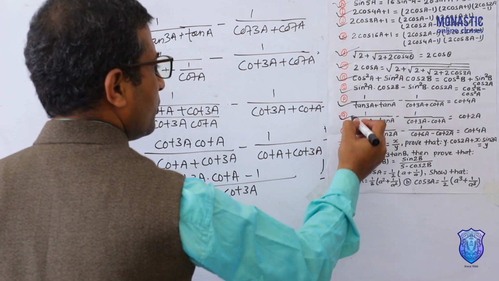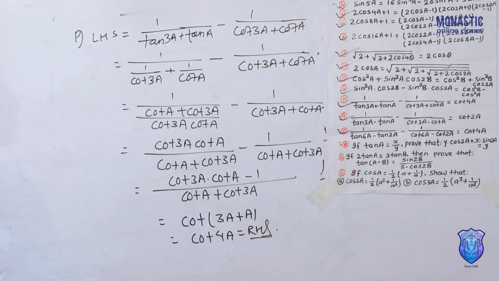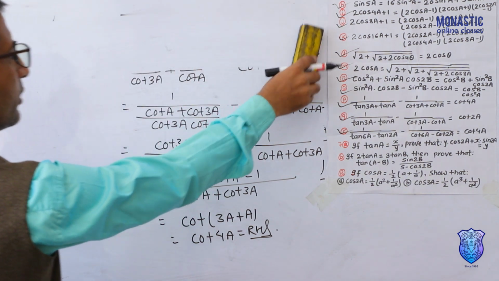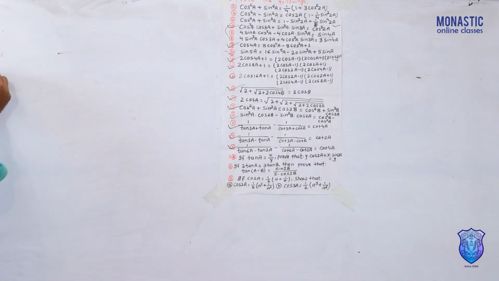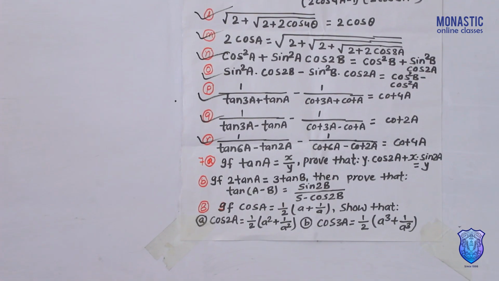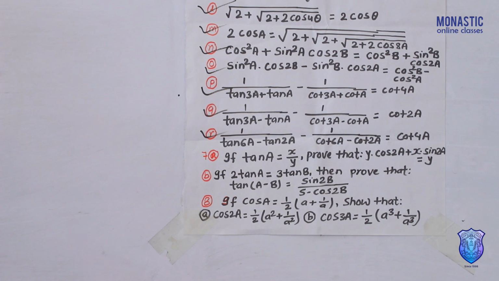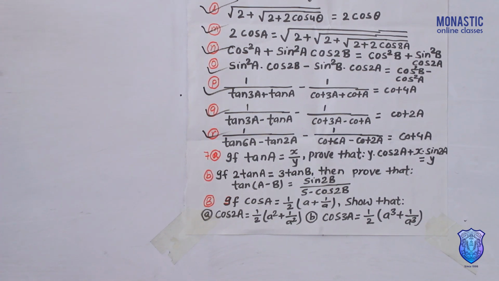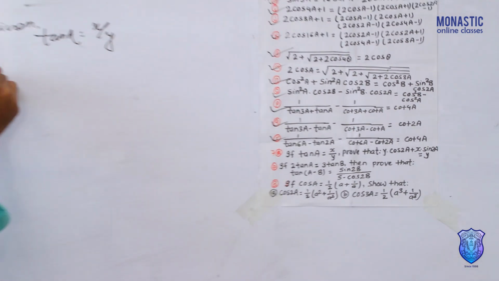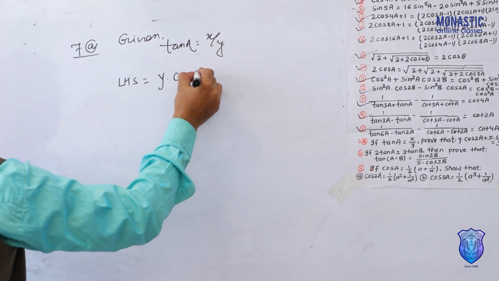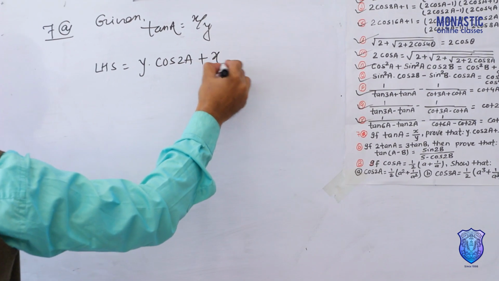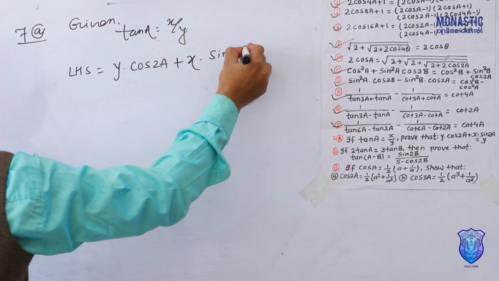Question P, Q, R. All these three are exactly the same question. So now we will do the question number 7. In 7a, given tan a is equal to x by y, we have to prove y times cos 2a plus x times sine 2a is equal to y.